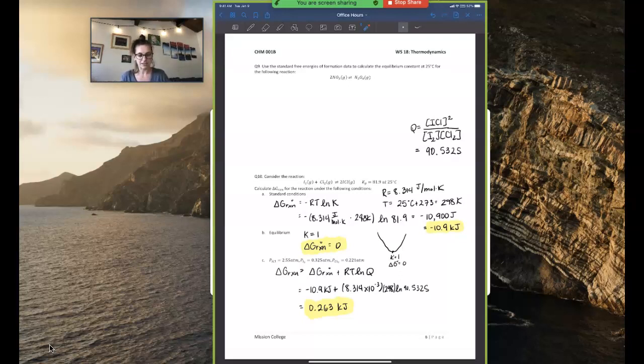So like I said, when you're practicing problems and you're using a certain equation, just make sure that you can identify, okay, I use delta G is equal to negative RT natural log of the equilibrium constant K under standard conditions, and I was provided K. But then I had to use delta G is equal to delta G standard plus RT natural log Q. And then that's when you would need to use that equation when you're given partial pressures maybe, or maybe you're given different concentrations other than 1 molar. That's indicating you're not at standard conditions.